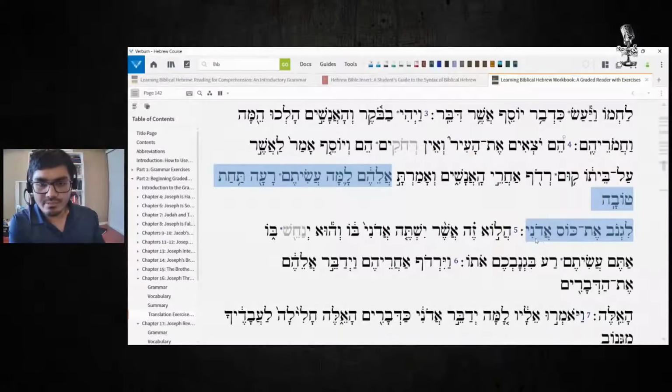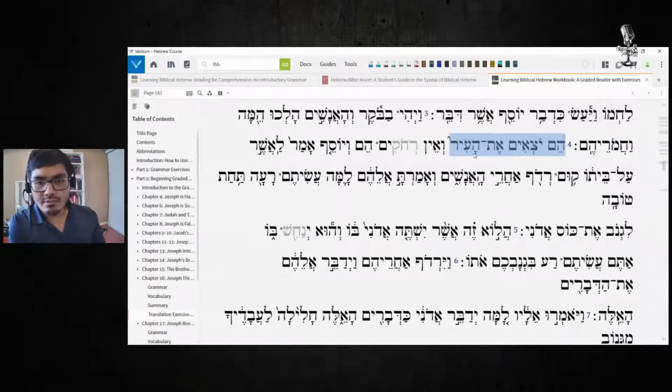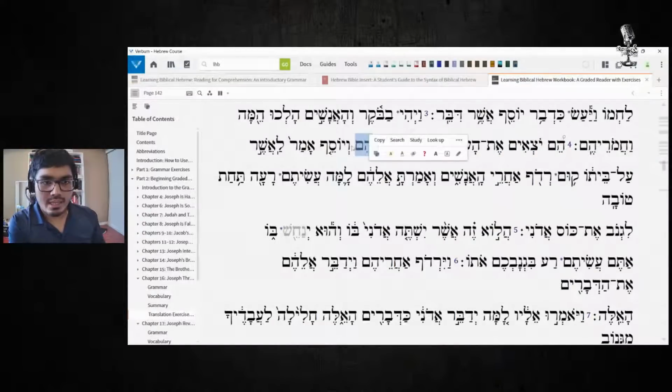So here's where Joseph dispatches his guard. And they had gone out of the city, and they were not yet far.